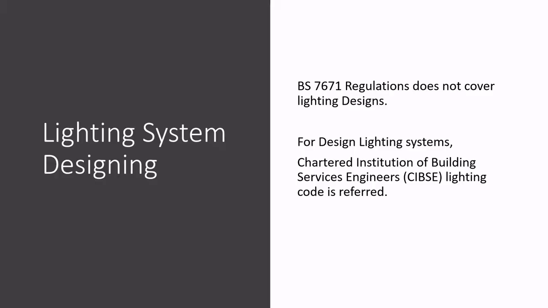Okay, from this point onward, we are going to talk about lighting system designing, and you need to know that BS 7671 does not cover lighting system designing. We have to refer to the CIBSE lighting code, also known as the Chartered Institution of Building Services Engineers lighting code. That is the document we are going to refer to in this section.